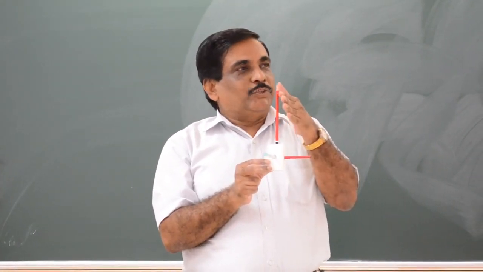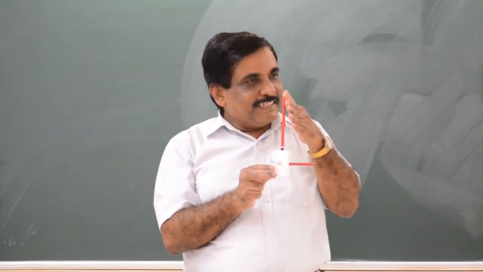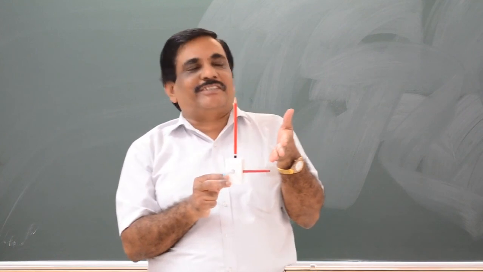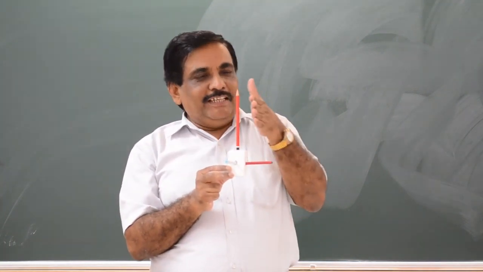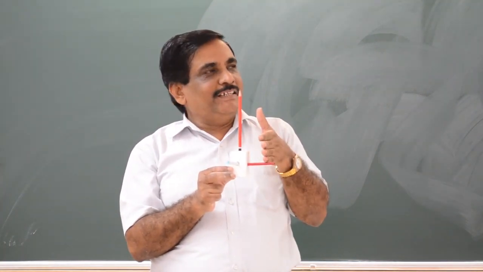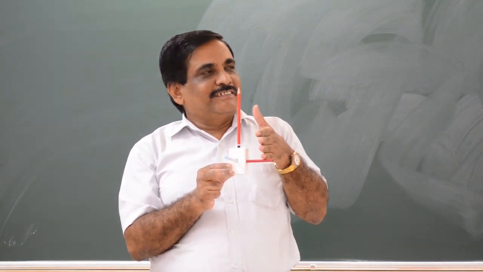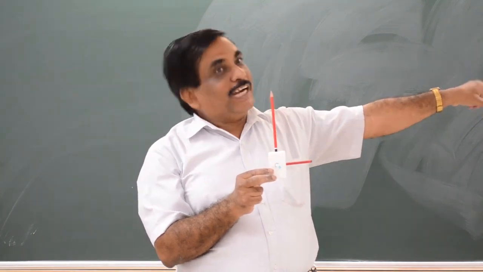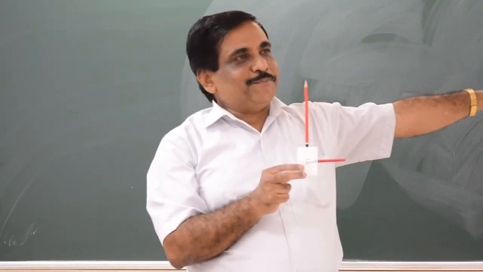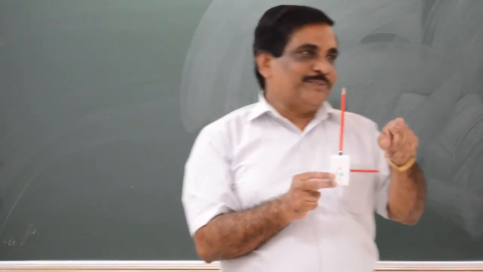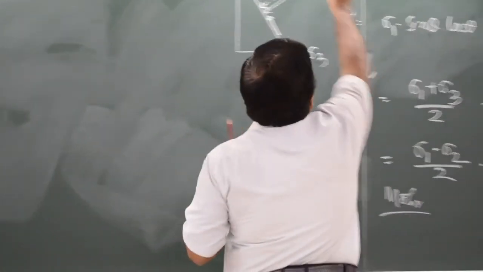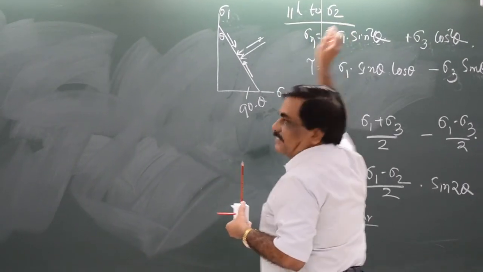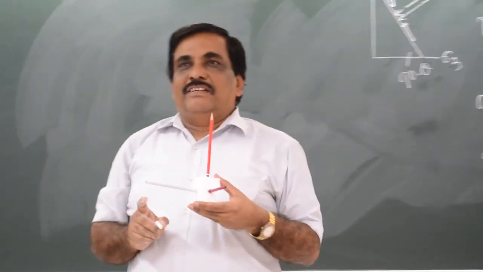So this plane is parallel to sigma 2. Sigma 2 is not coming into the picture. I am cutting only sigma 1 and sigma 3. So these equations stand for that plane, which is parallel to sigma 2. Understood?